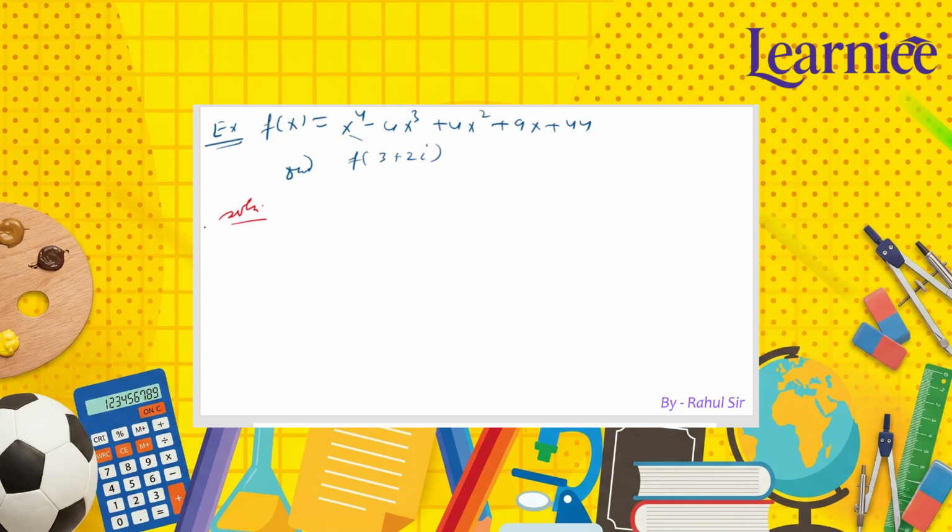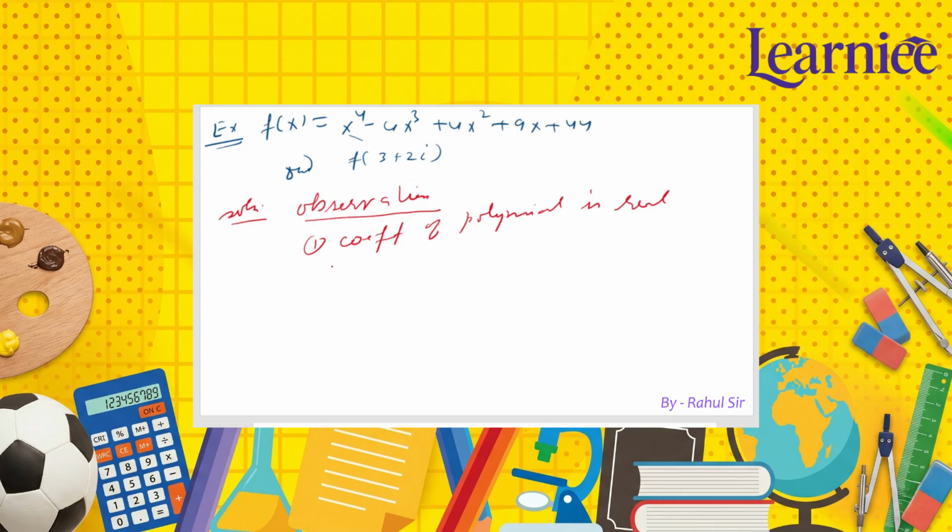So what we can do, there is one observation. Since the coefficients of the polynomial are real, the roots exist in conjugate pairs.